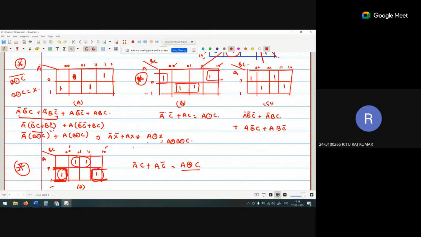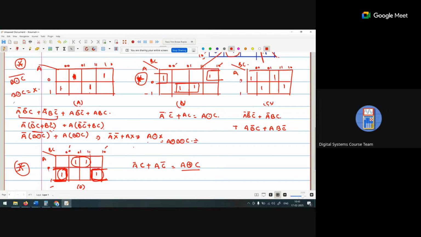Sir, I have one doubt. In the first equation, if we consider B bar C plus B C bar as X, then that whole equation will change. It depends upon our consideration.